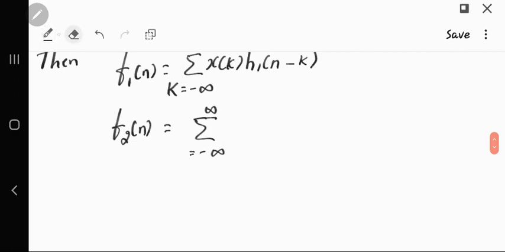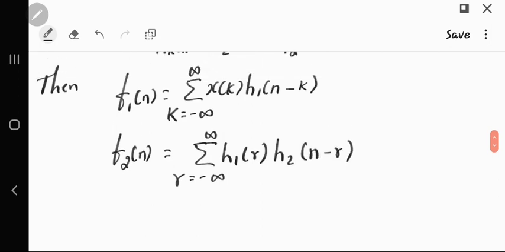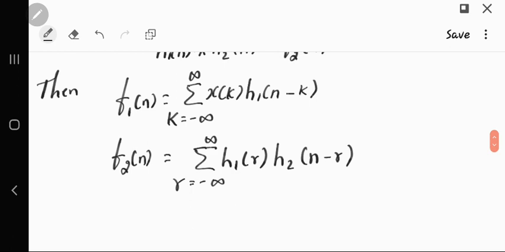So instead of k, I will use some other alphabet, say r. So r is equal to minus infinity to plus infinity, h1 of r, h2 of n minus r. So you can compare these two. Both are similar, but here k represents the time shift and here r represents the time shift.